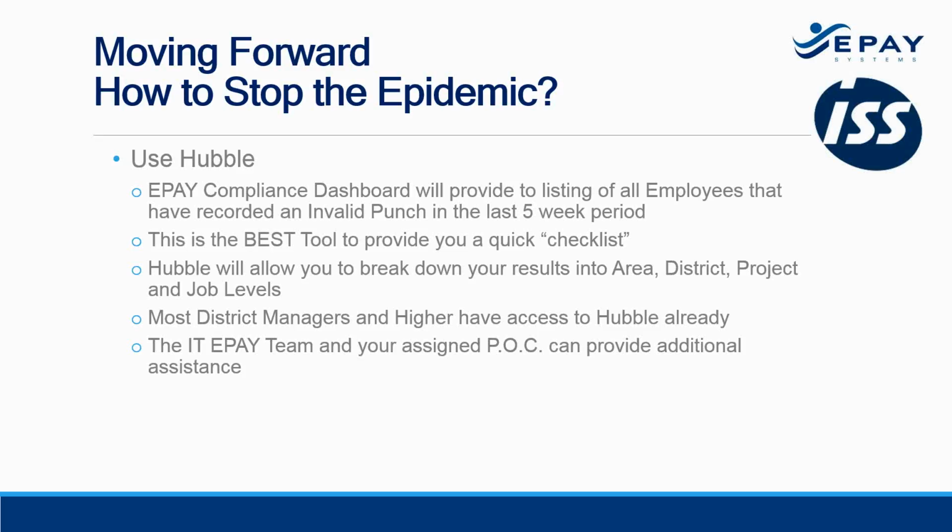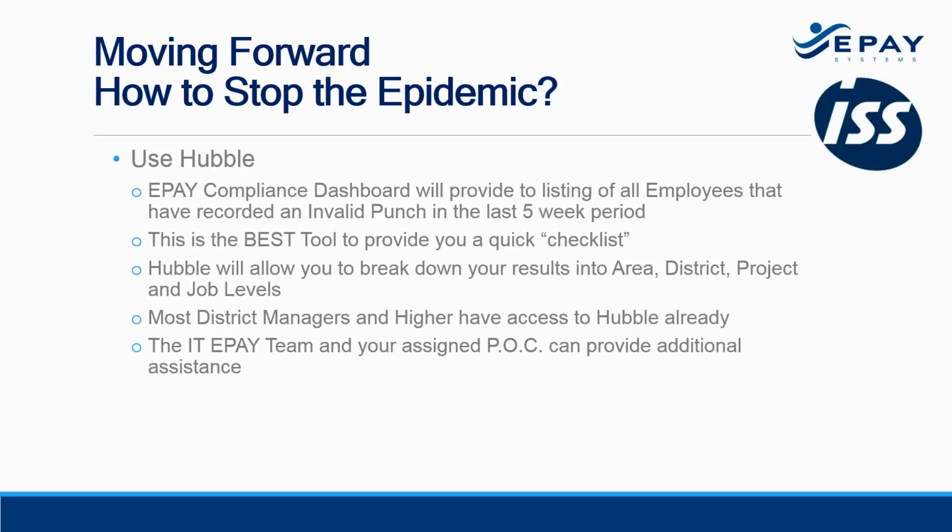Hubble also allows you to break down the results into area, district, project, and job levels. So you can always see your compliance scores at different granular levels. And most district managers, like I mentioned, and higher, have access to Hubble already. So if you have access, please log in there and run the ePay compliance dashboard so you can see this invalid punch listing.